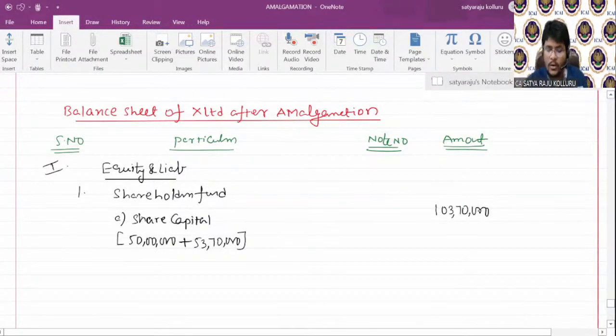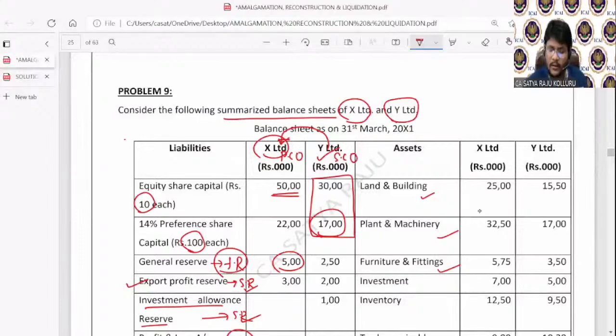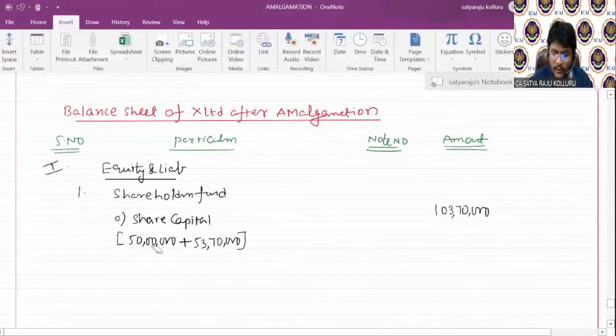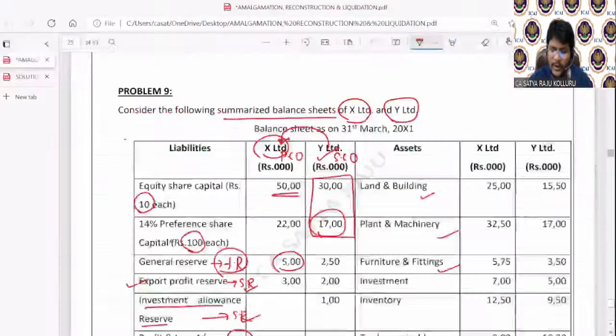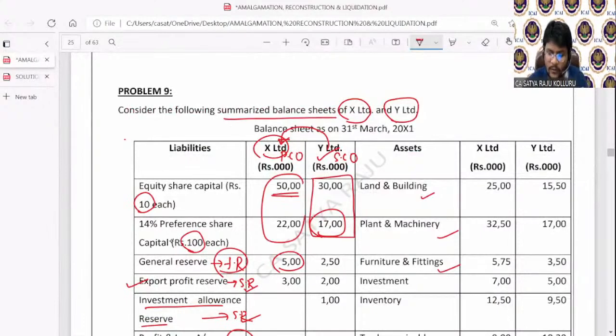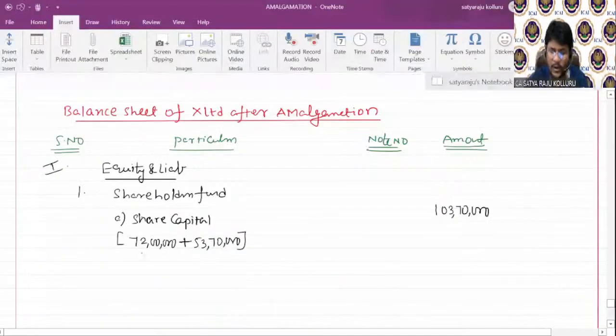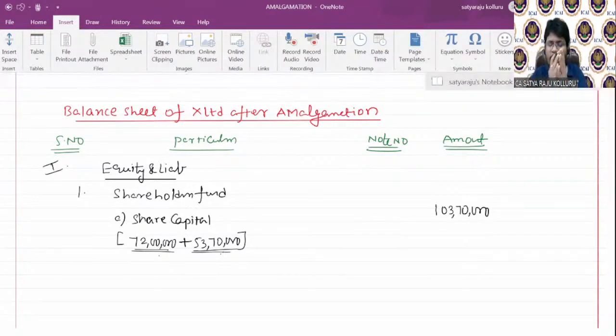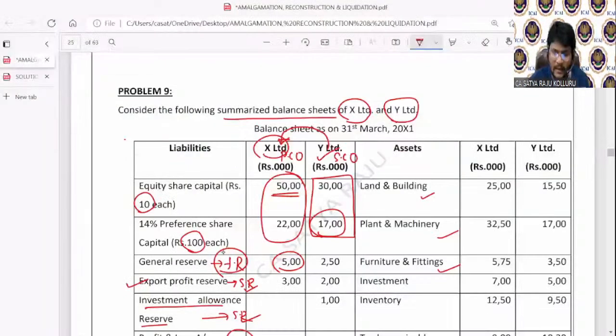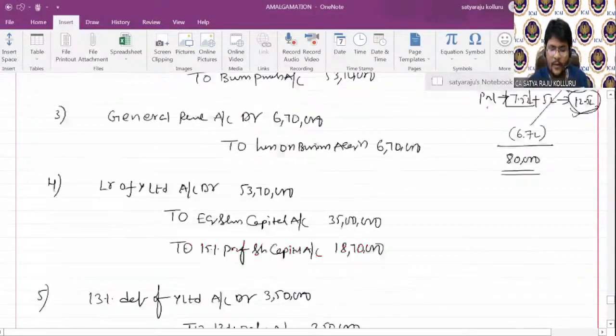But in the note number, how you need to add: 50 plus 22, this is 72 lakhs total. Both I combined, guys, that is equity plus preference. And in case of purchase consideration, which is 53 lakh 70,000. But in note number, you should add equity to equity, preference to preference. And one more thing, here the preference share capital is 14% preference share capital, and X Limited right now issued 15% preference shares.